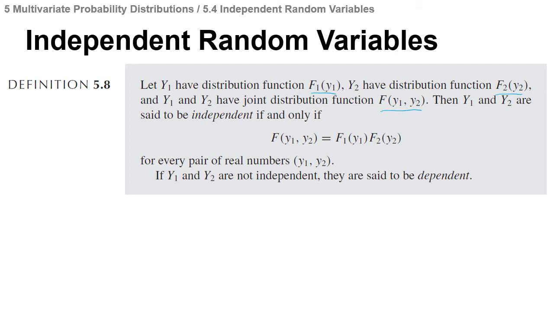Then Y1 and Y2 are said to be independent if and only if F(y1, y2) is F1(y1) times F2(y2) for every pair of real numbers y1, y2. If Y1 and Y2 are not independent, they are said to be dependent.